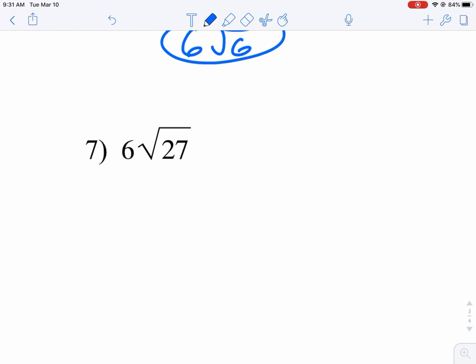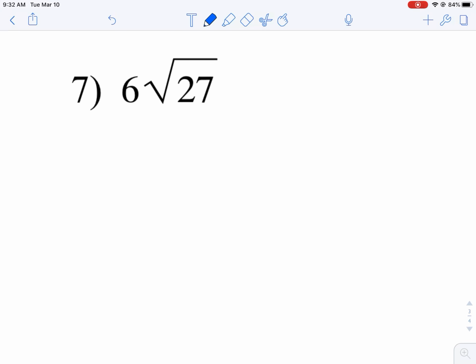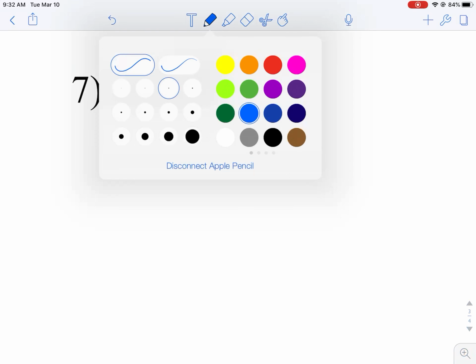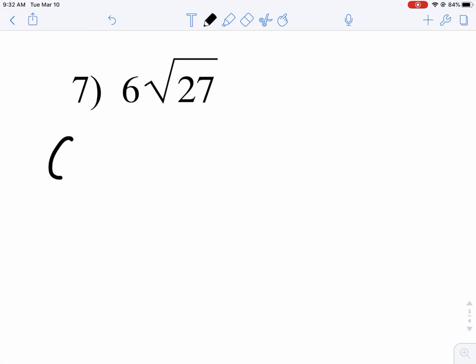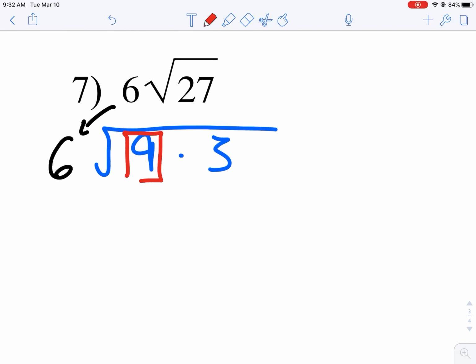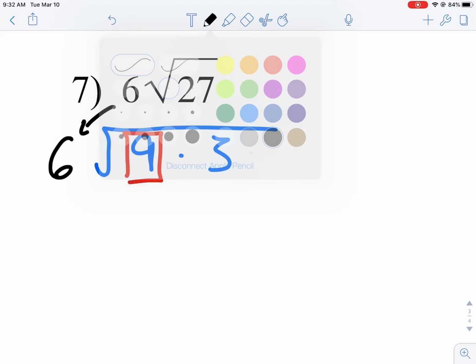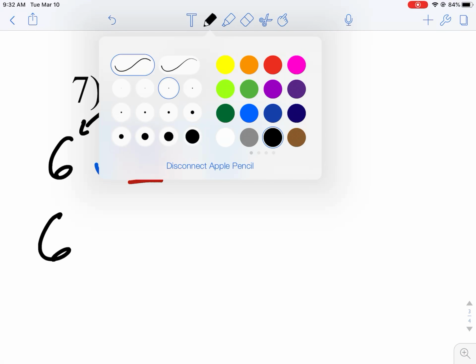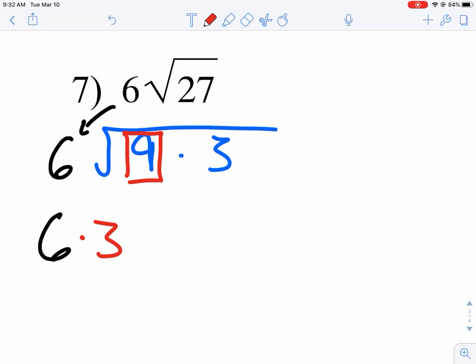Now, 2 more examples. This one I'm showing what happens when we have a coefficient in front. That coefficient is going to keep carrying through to our problem. So 6 is going to stay right out front there as I break this down. 27 breaks down into 9 times 3. And then 9, that is a perfect square. So the 6 is still there, but the square root of 9 is 3.